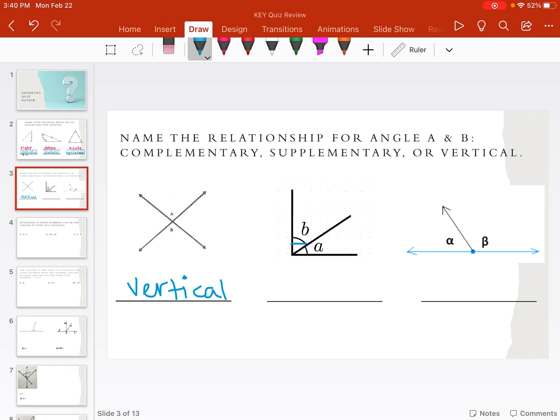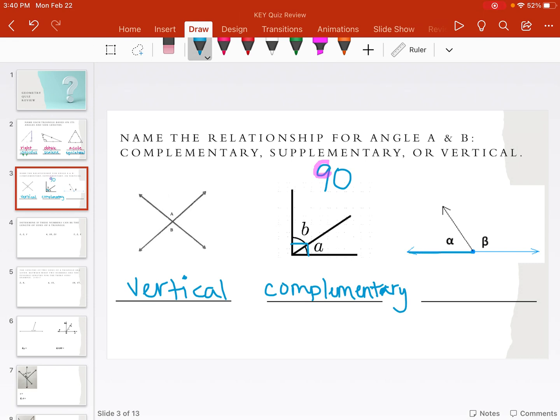Next, these two are making a right angle, which is 90 degrees. That is called complementary. Ooh, I write too big. Complementary. Again, if you get confused between complementary and supplementary, remember it's 90 degrees, and the 90 has this nice C right here for complementary.